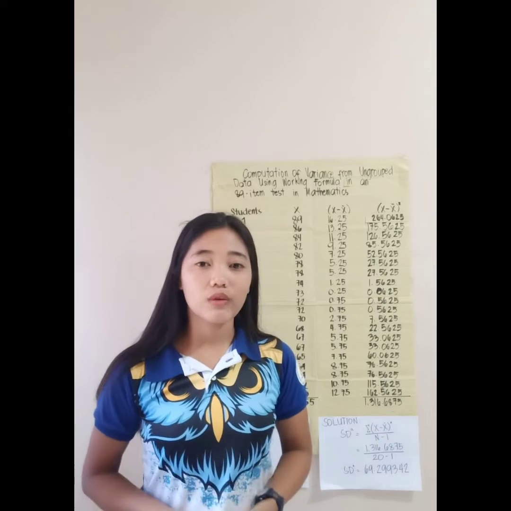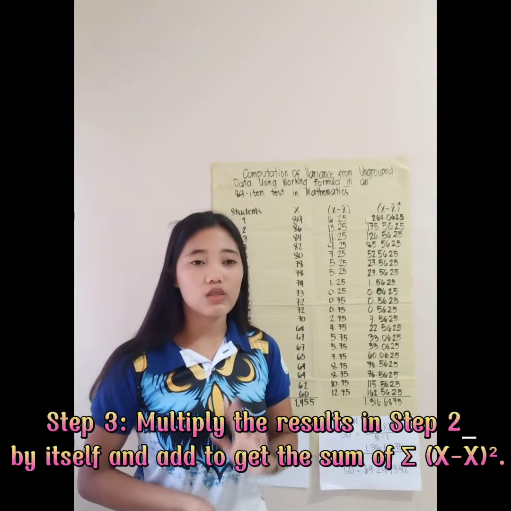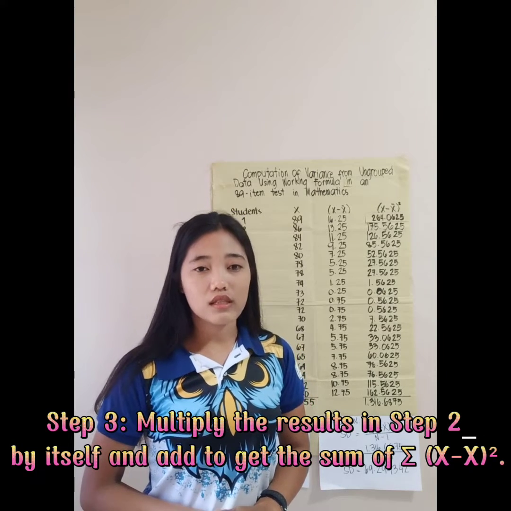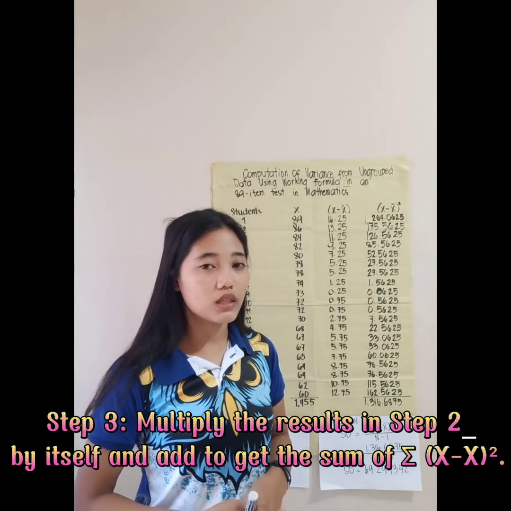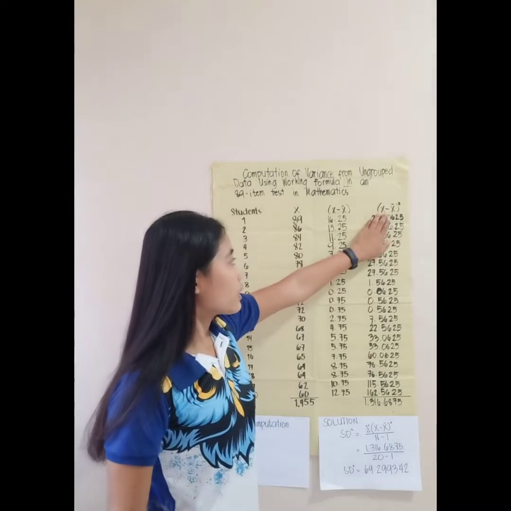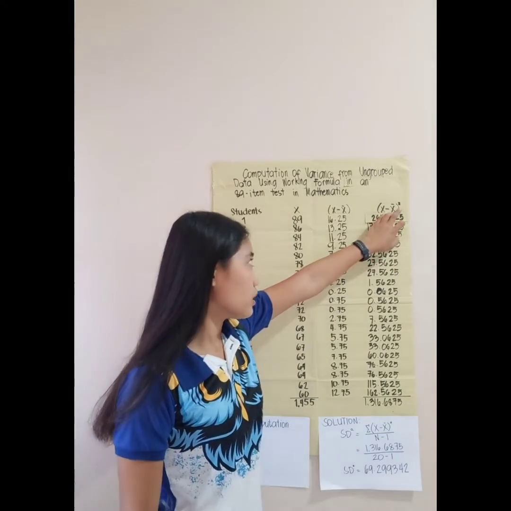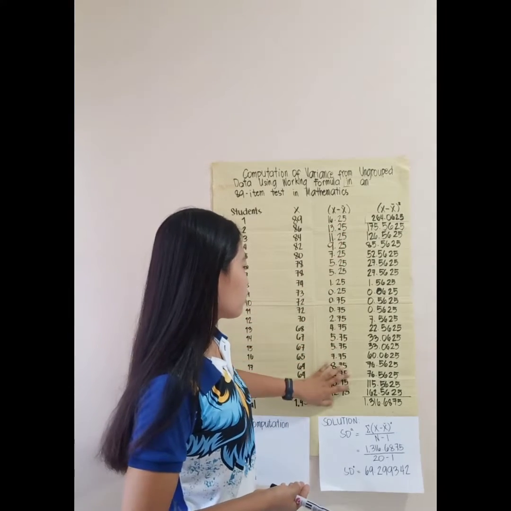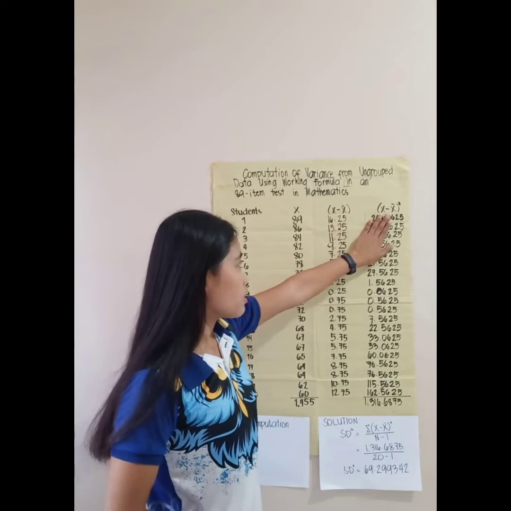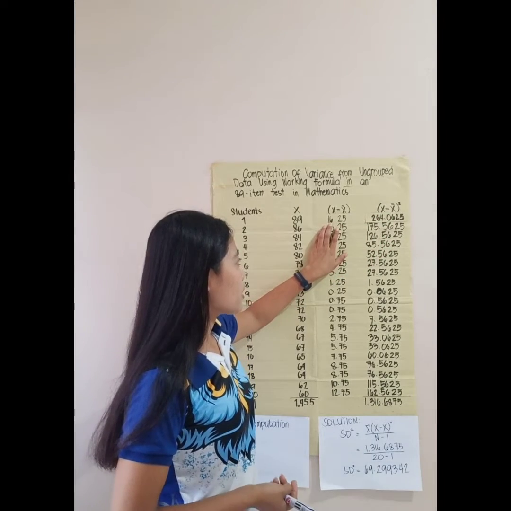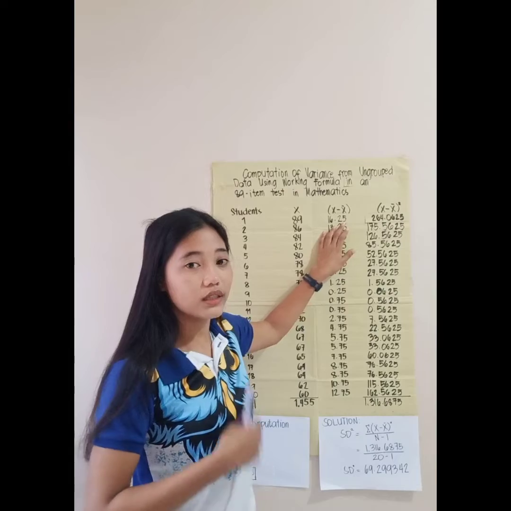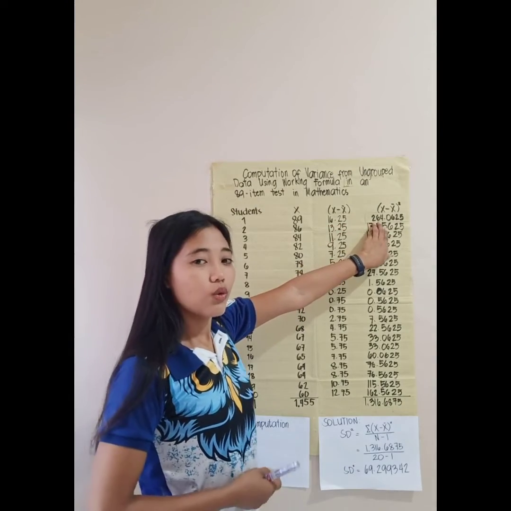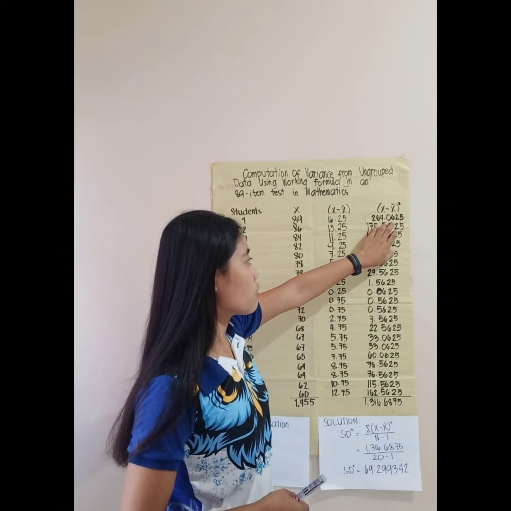Next, let's apply our third step, which is to multiply the result in step 2 by itself and add to get the summation of x minus mean squared. To get x minus mean squared, we will multiply this result by itself. 16.25 times 16.25, the result is 264.0625.